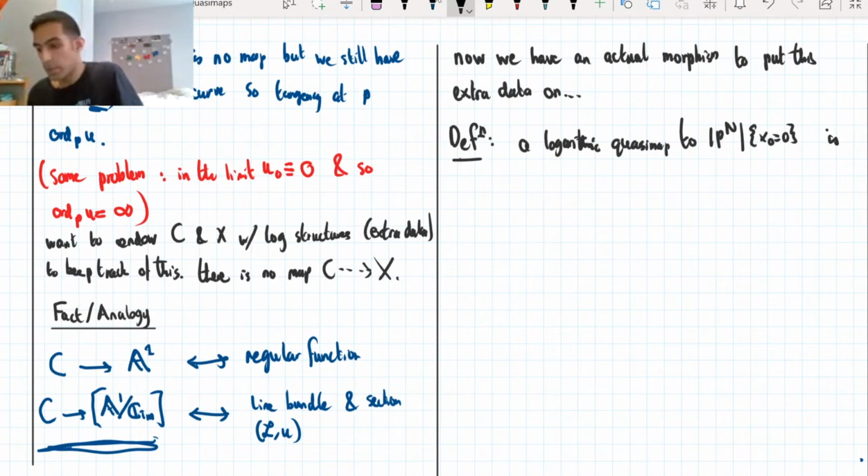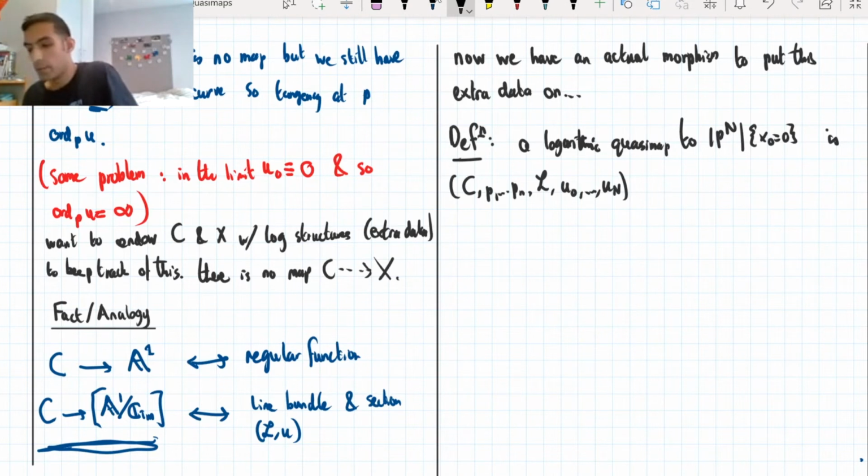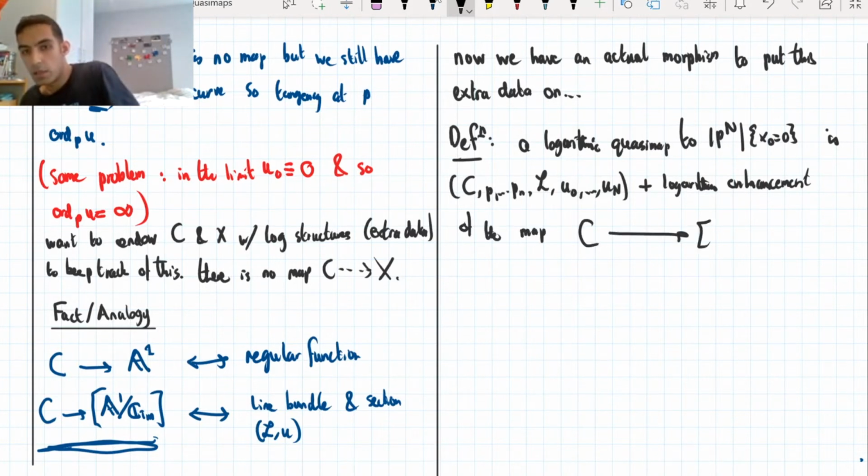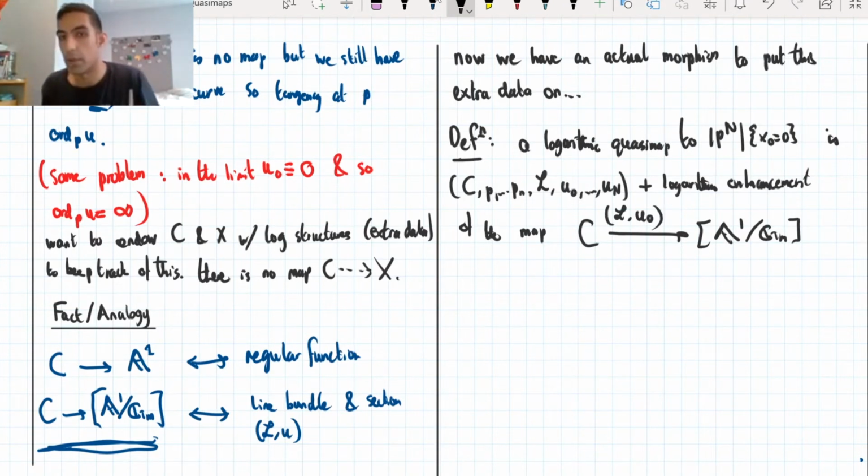Well, it's just a Quasimap, so I have to tell you a curve, a bunch of points on the curve, a line bundle, and a bunch of sections. But maybe they vanish somewhere. Plus a kind of logarithmic enhancement, whatever that means, of the map C to this quotient, which was given by the line bundle and then the first section, because that corresponded to the pullback of the equation that cut out the hyperplane.